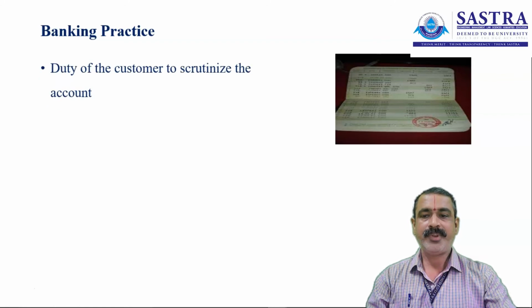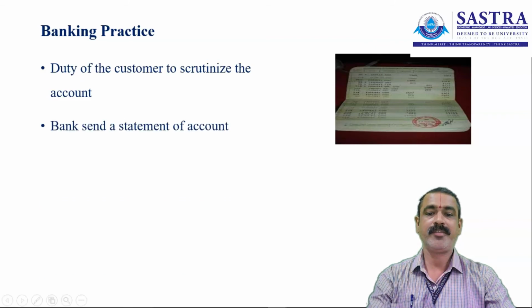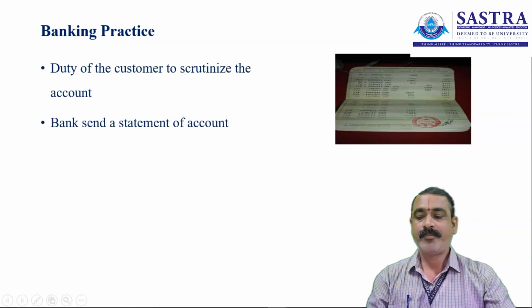Let us see. It is the duty of the customer to scrutinize the accounts. If errors and omissions are not brought to the notice of the banker, the accounts are stated to be a settled one, and negligence on the part of the customer will not make the bank responsible.